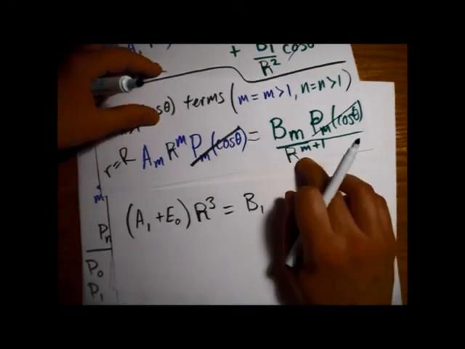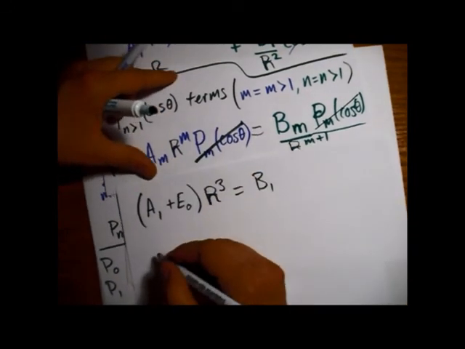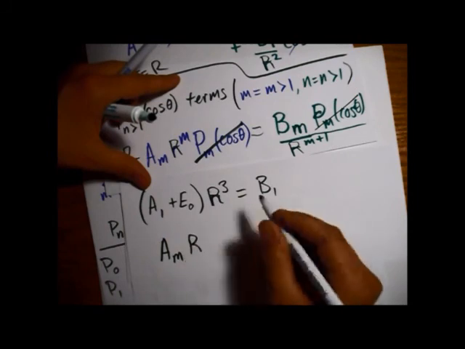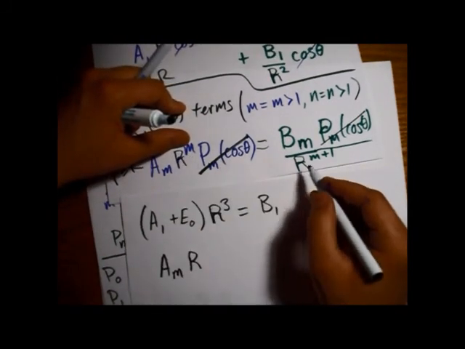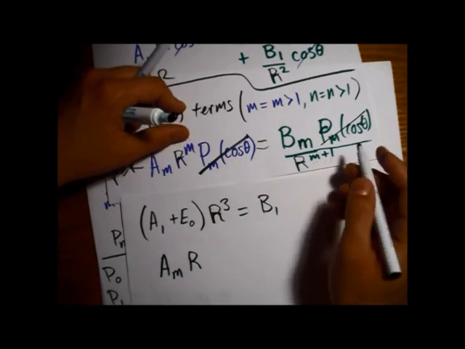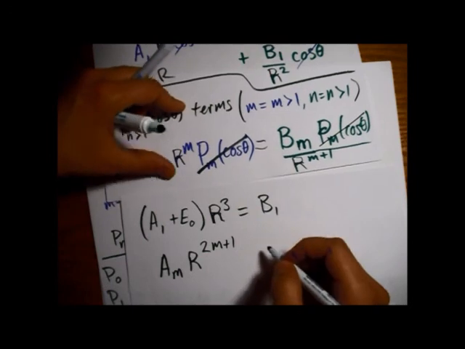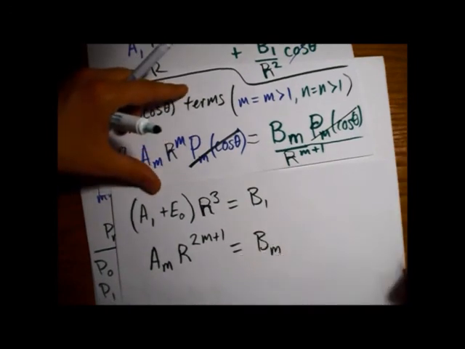And then we're just going to bring this r up to this side. So we will have an a_m, big R to the power of m, and then we're going to multiply it by r to the power of m plus 1. So we end up with an R to the 2m plus 1. Okay? And then all that's left on the other side is a b sub m.